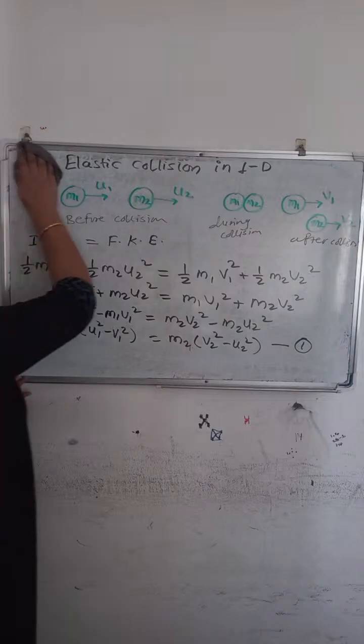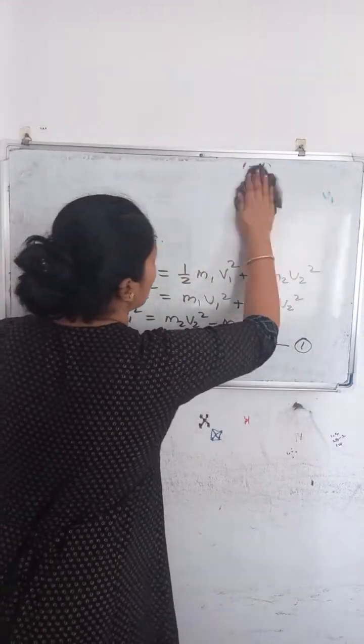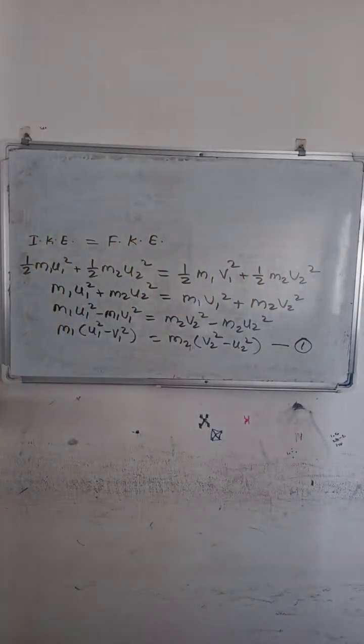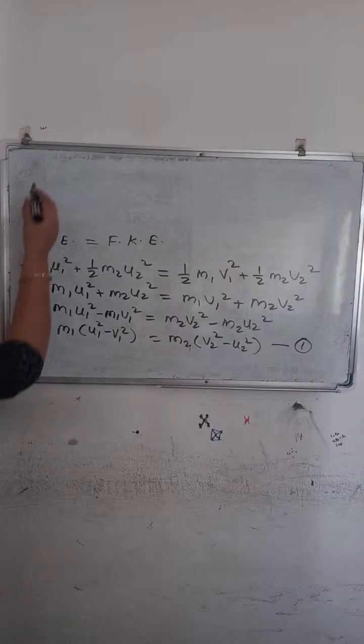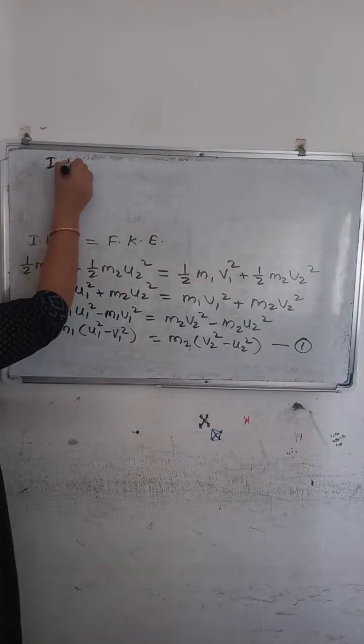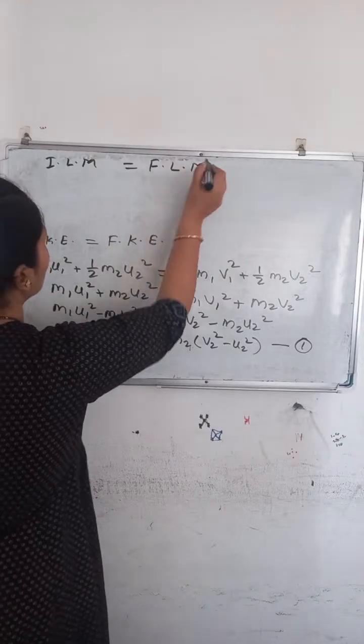Since this is an elastic collision, the linear momentums are also conserved. So linear momentum is nothing but what? M into V or M into U. So linear momentums are conserved, that means initial linear momentum is equal to final linear momentum.